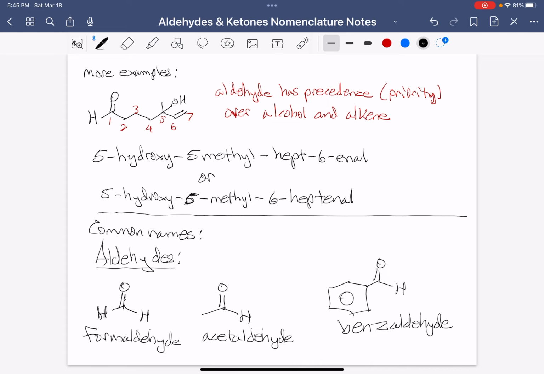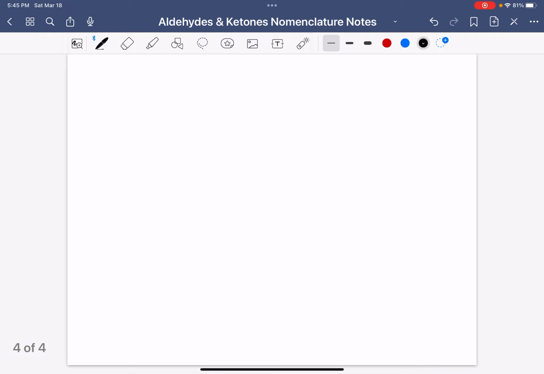Okay. Now, there are also common names for ketones. And these include things such as acetone. Let's see, what else is there?